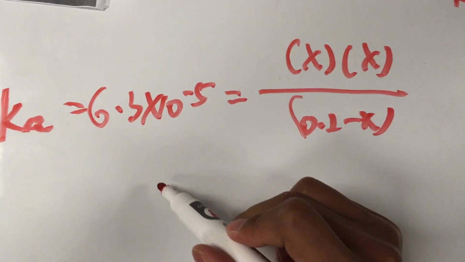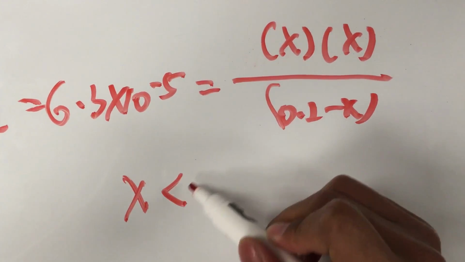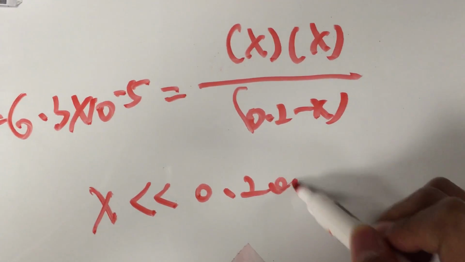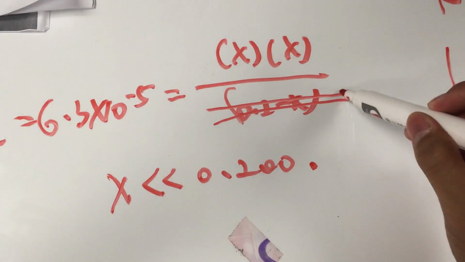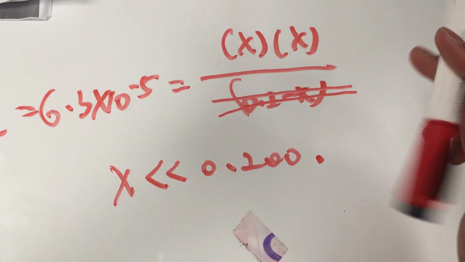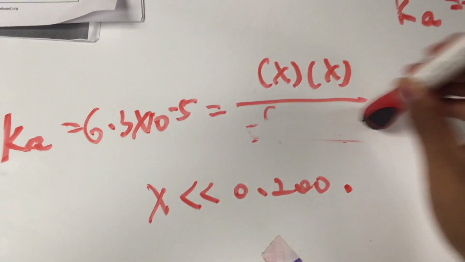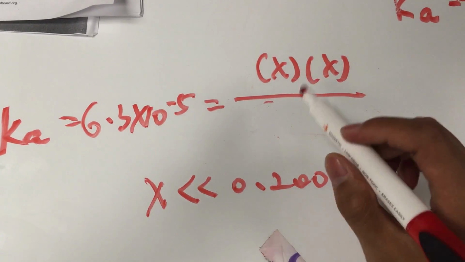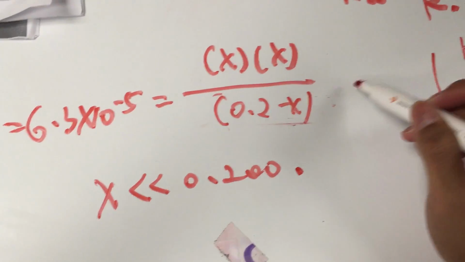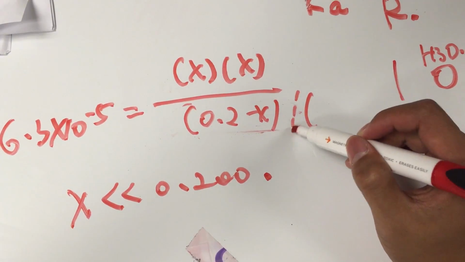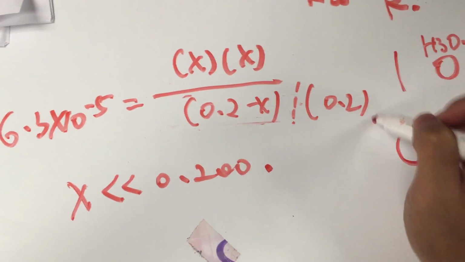We assume x is much smaller than 0.20, so we can just ignore x in the reactant part and pretend this becomes 0.2.